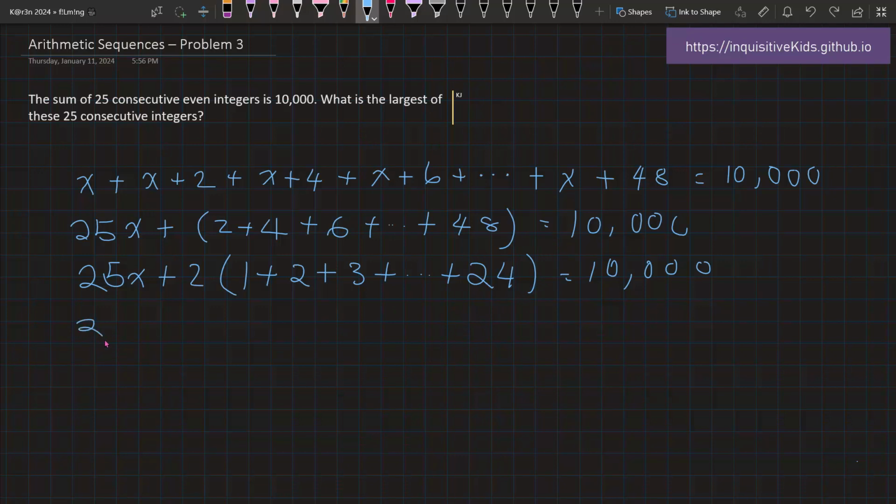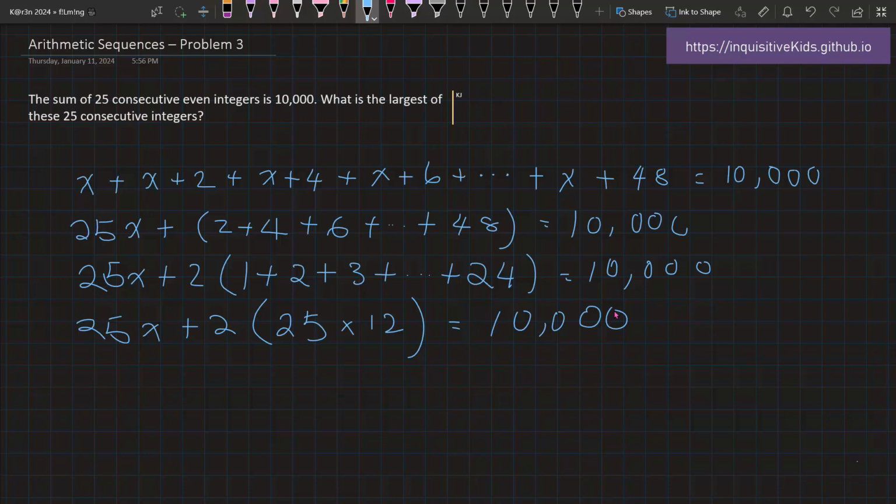So written out, it would become 25x plus 2 times, and then in here it would be 25. How many groups of 25? It would be 12 groups of 25, is equal to 10,000. Now this is just order of operations and more calculations.